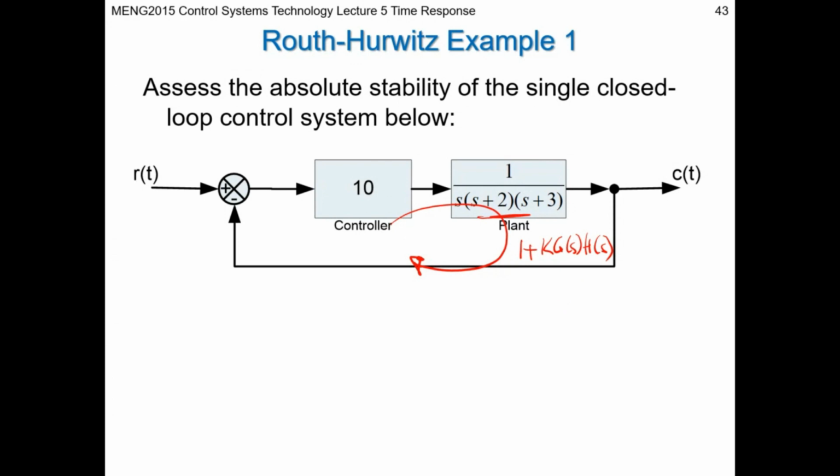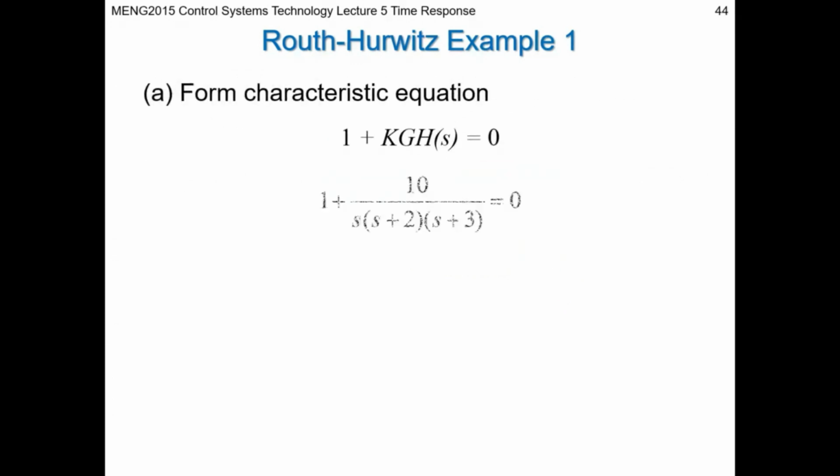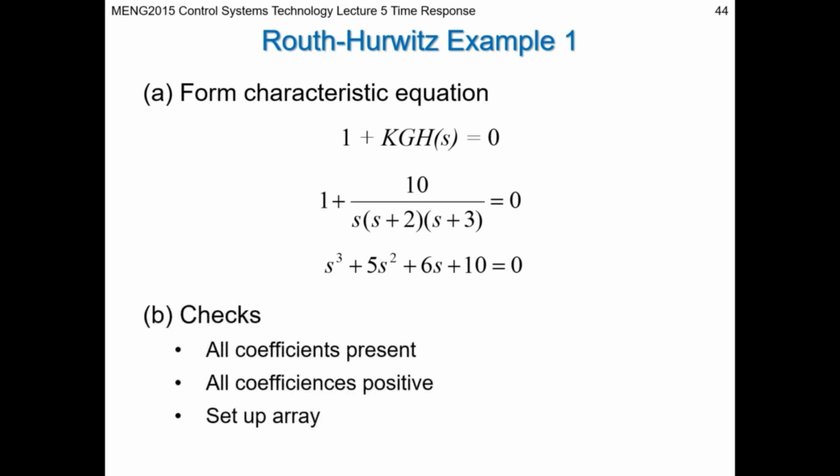That's important to remember. So it's going to be 1 plus k, which is 10, times g, which is 1 over s into s plus 2 into s plus 3, times h, which is 1. So we can multiply this out into its polynomial form, and now we have our checks.